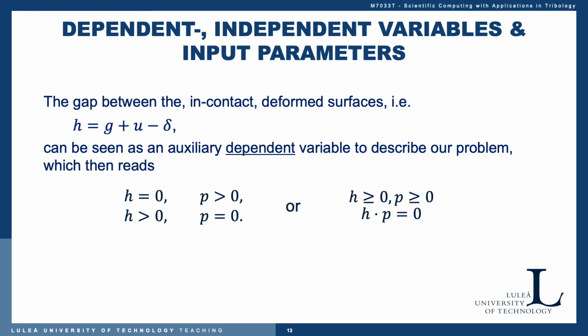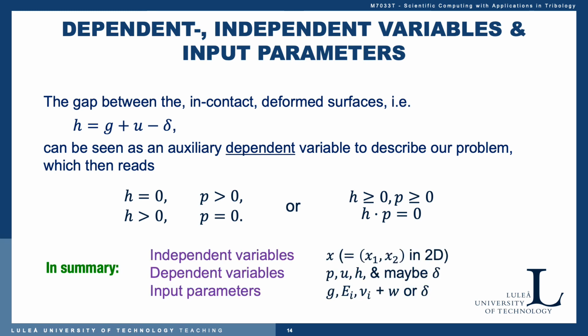Now, in terms of the gap between the undeformed surfaces, we can express the complementarity problem like this. On the left hand side, we just summarize what we had before in terms of G, U and delta. And on the right hand side, we write this in a slightly different fashion and say that H is always greater than or equal to 0 and P is always greater than or equal to 0, but the scalar product between H and P must always be 0. Just another way of formulating the complementarity problem.